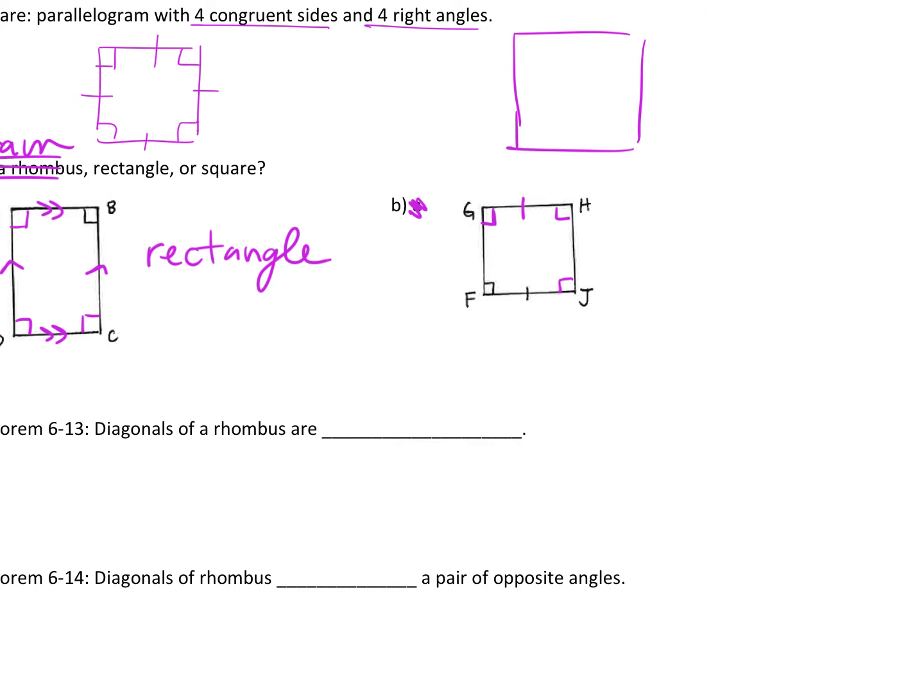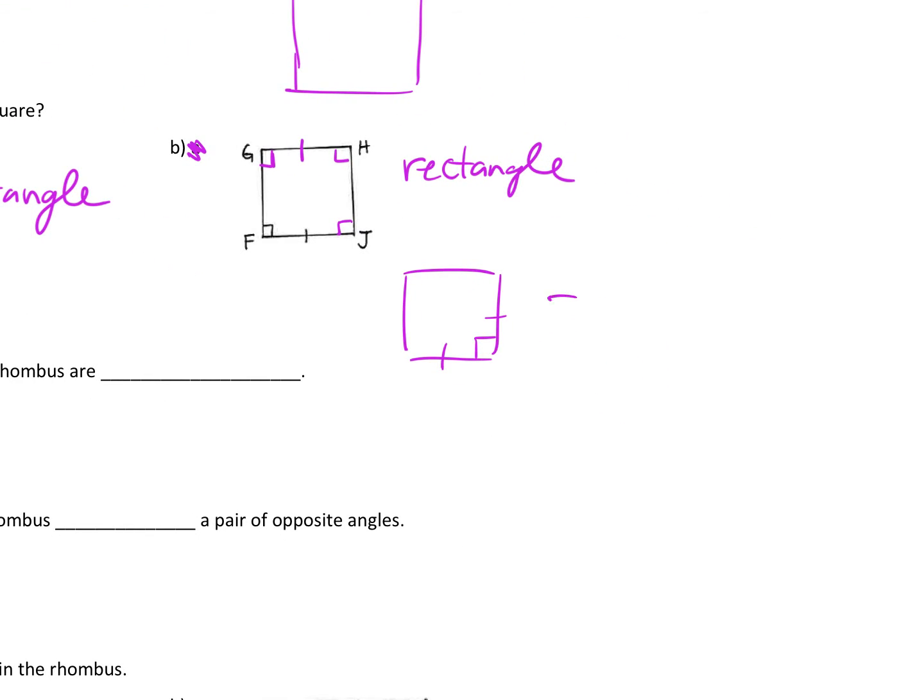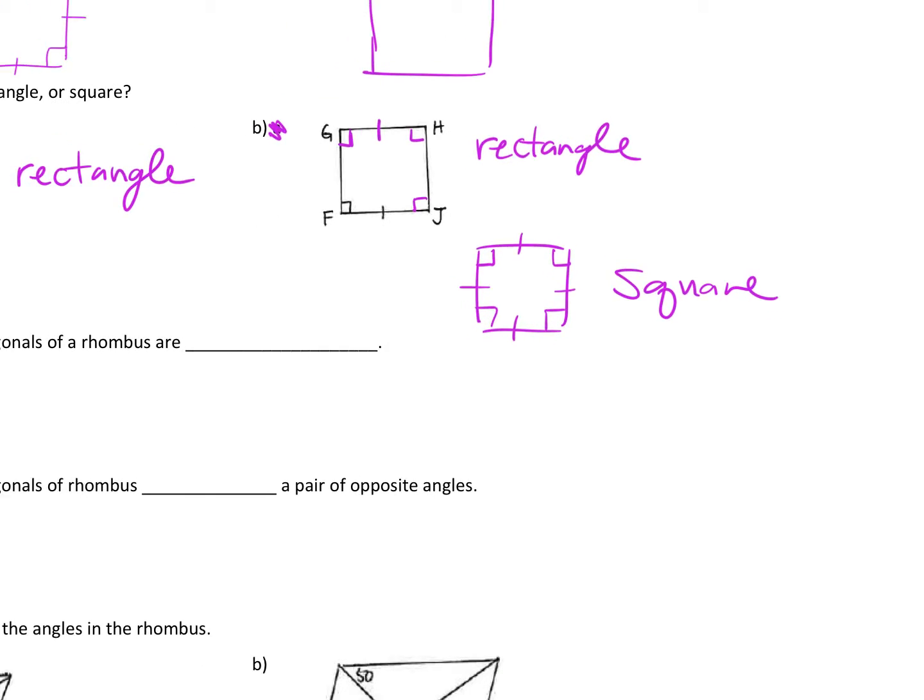So what is this? Rectangle. It's tricky because yes, you know one pair of opposites. What if I gave you this? That's a square, because now consecutives are supplementary and opposite sides are congruent. So be real careful with what markings they give you. Don't assume anything. Only go based on what we know.